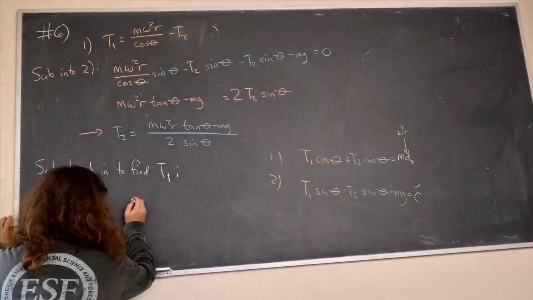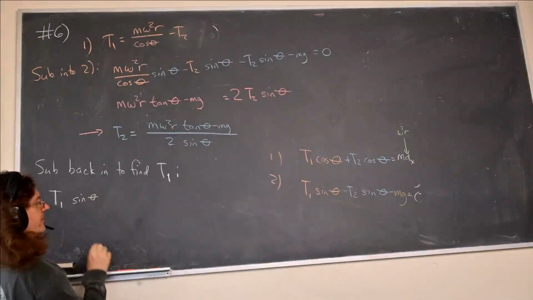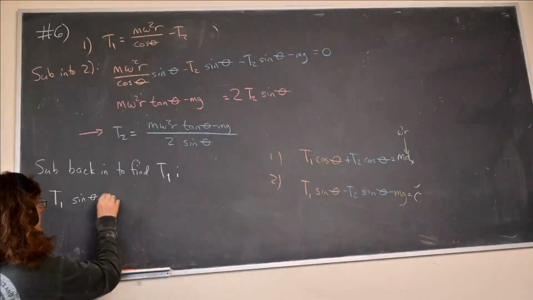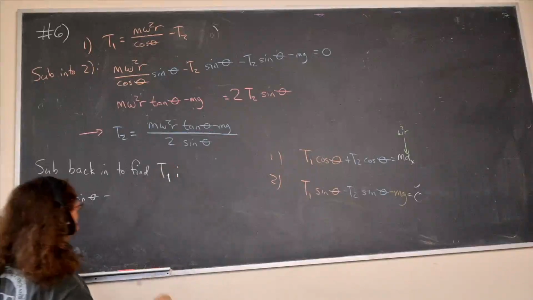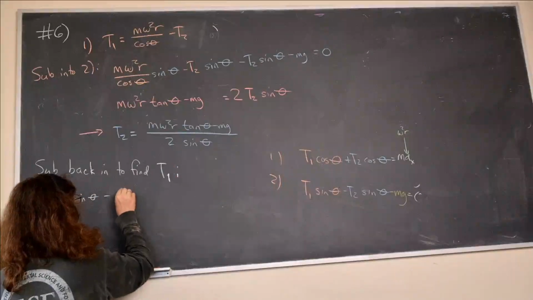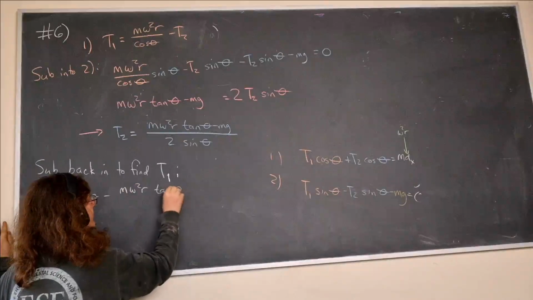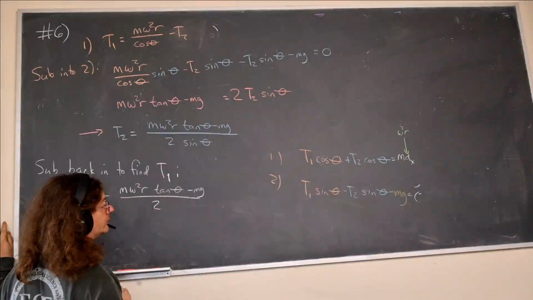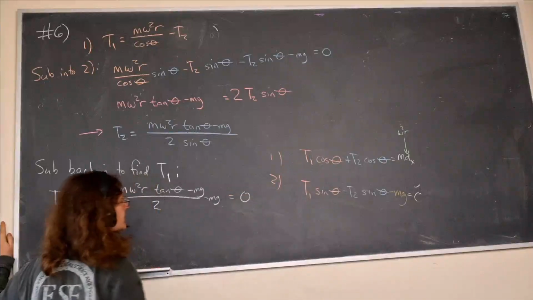So let's see, I've got T1 sine theta minus T2 sine theta. So let's see, T2 sine theta, the sine theta cancels that one. So minus m omega squared r tangent theta minus mg all over 2 minus mg equals 0.